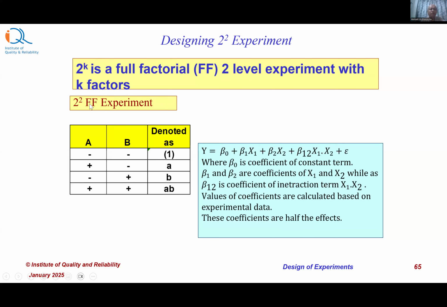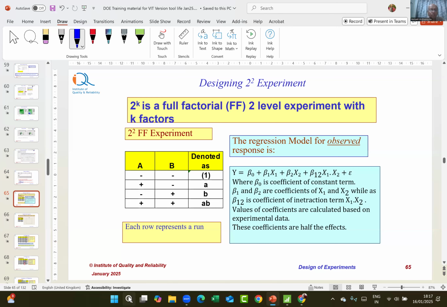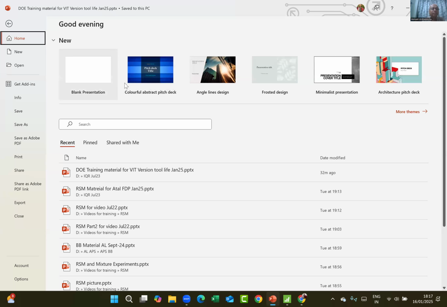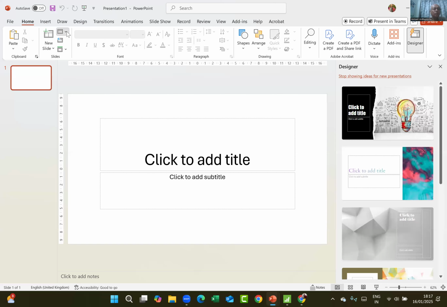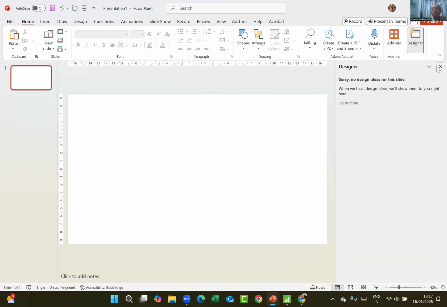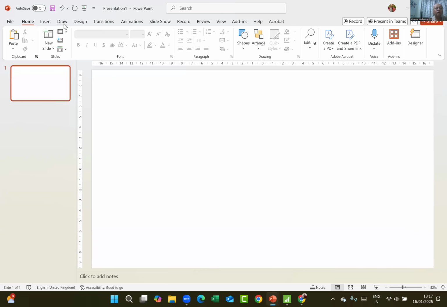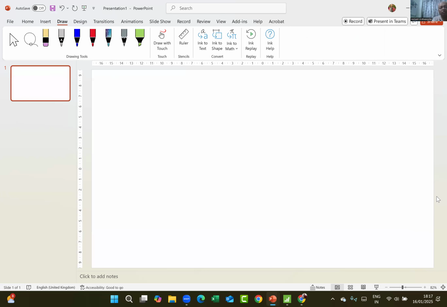So when the factor is at low level, I'll just use, let us say, whiteboard or maybe a blank PowerPoint. What I'm talking about is, let us say you have two factors, A and B, and I have a 2 to the power 2 design.